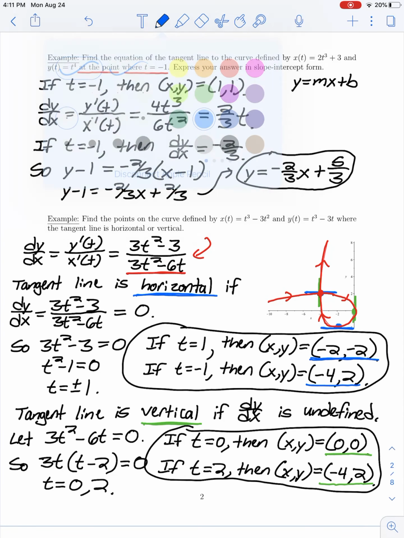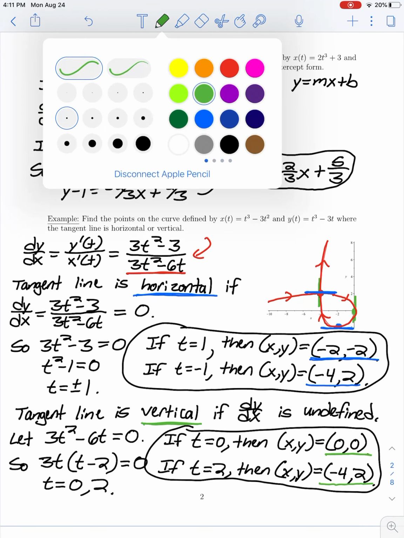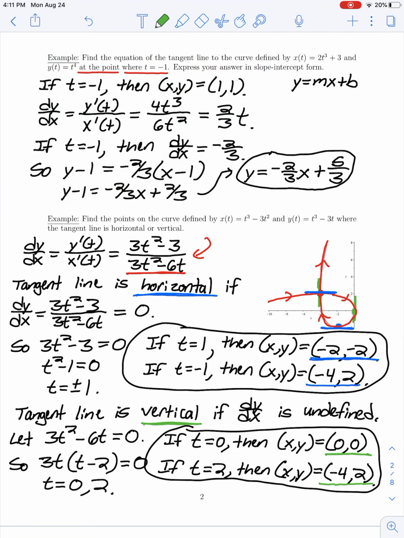So the first time that our object passes through that point, we have a horizontal tangent line to the curve at that point. And at the second time that our curve passes through that point, we have a vertical tangent. So this is something that's kind of unique to parametric curves. We certainly wouldn't see that for a curve which is the graph of a function because it couldn't be self-intersecting.